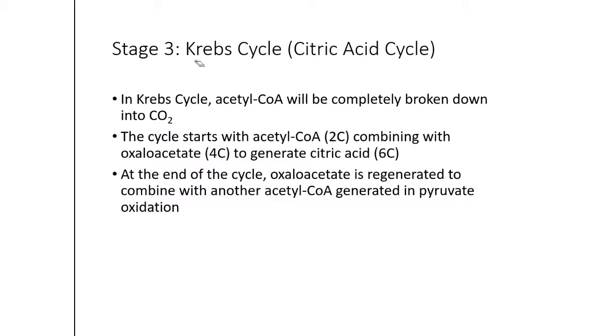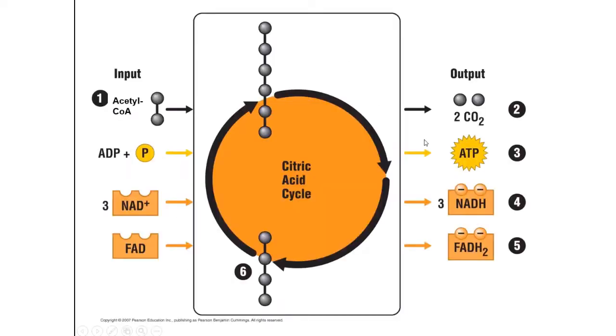Because citric acid is the first product formed in the Krebs cycle, the Krebs cycle is sometimes also known as the citric acid cycle. The citric acid undergoes a series of steps, and at the end of the cycle you regenerate oxaloacetate. That allows the oxaloacetate to combine with another acetyl-CoA, and the cycle keeps on spinning and spinning. It's probably easier to visualize it with a diagram like this.